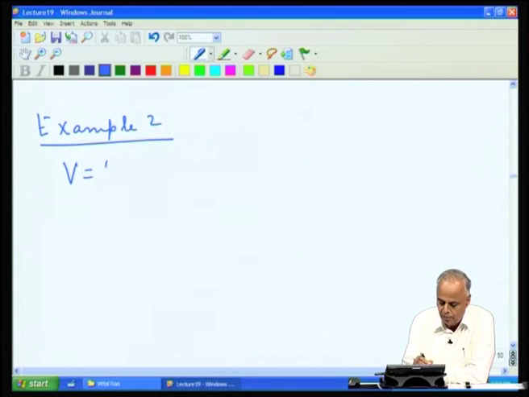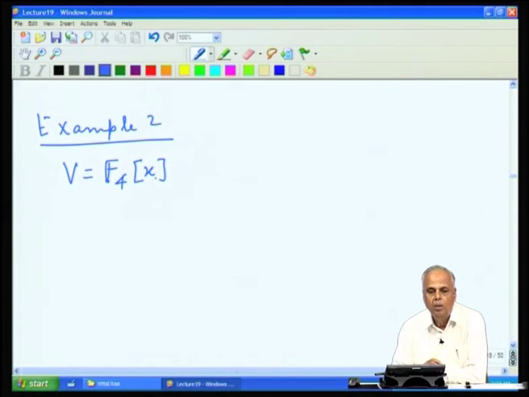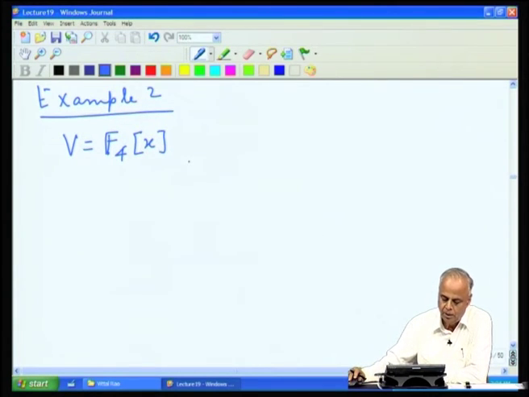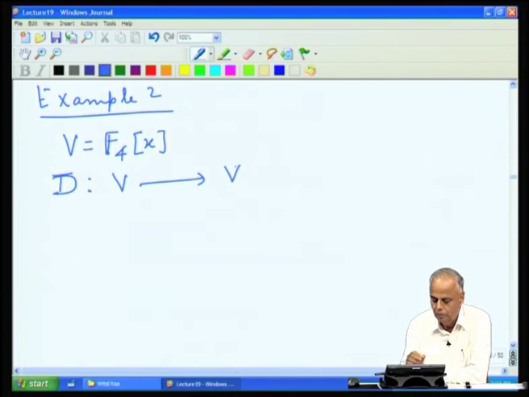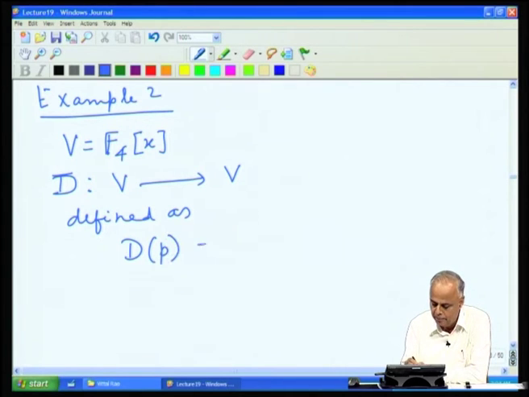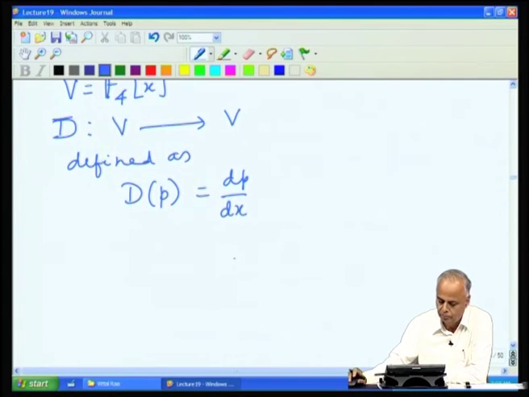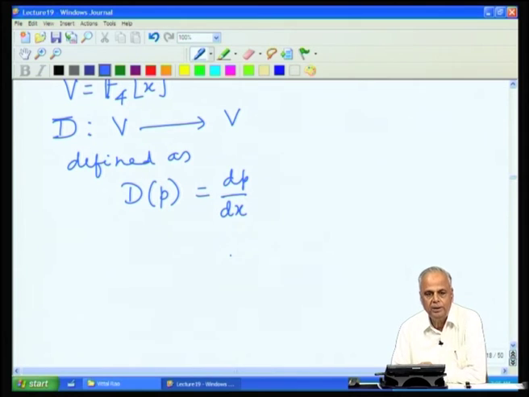Let us consider V to be the collection of all polynomials of degree less than or equal to 4 with coefficients from F. We will now look at a linear operator, that is a linear transformation from V to V, defined as D of p is dp by dx, the differentiation operator.